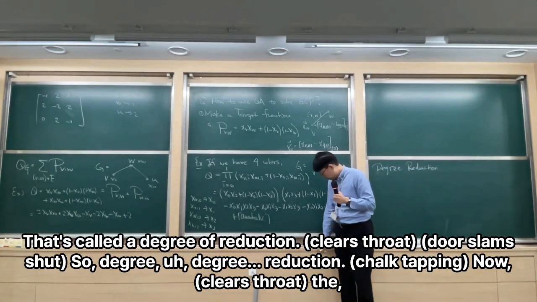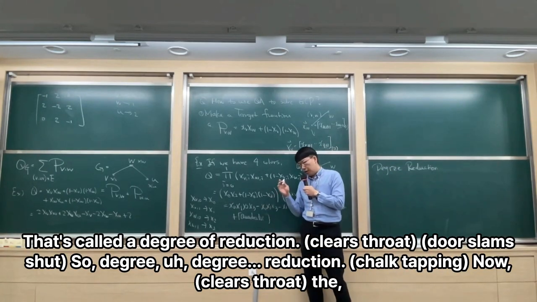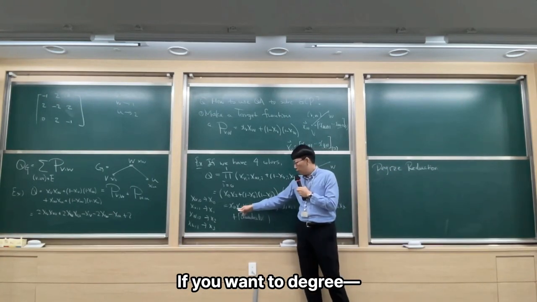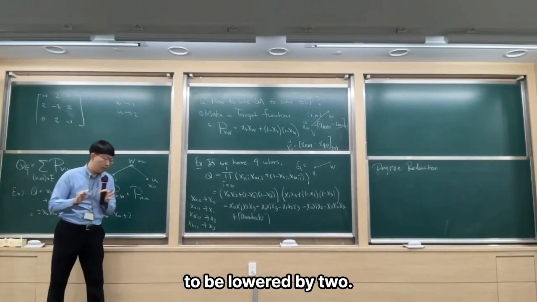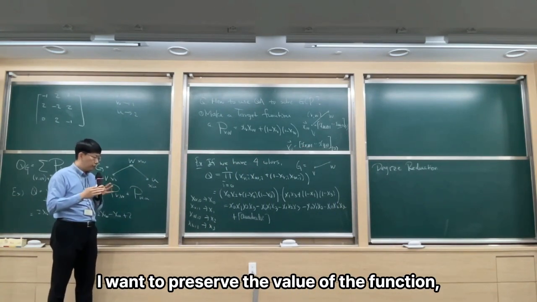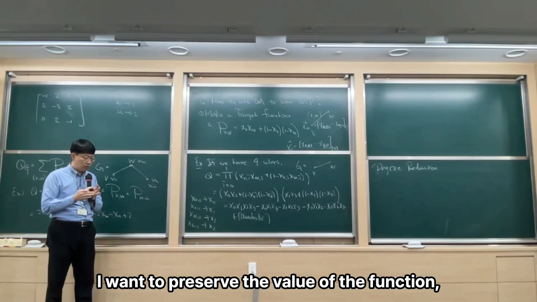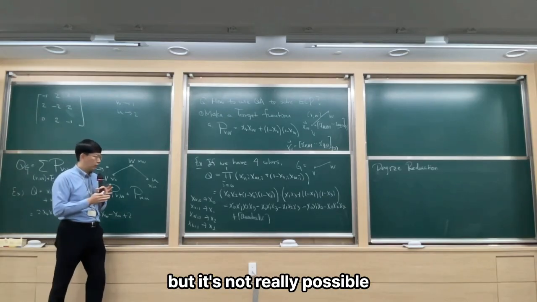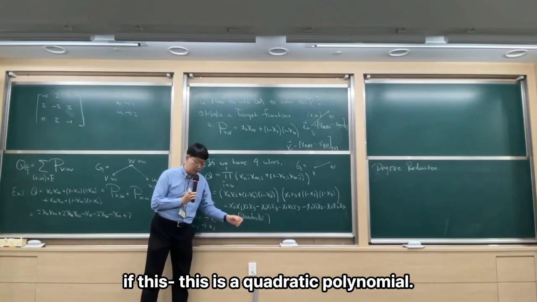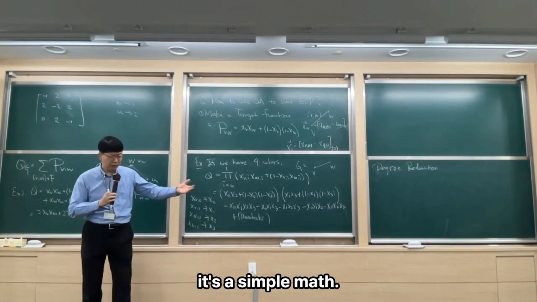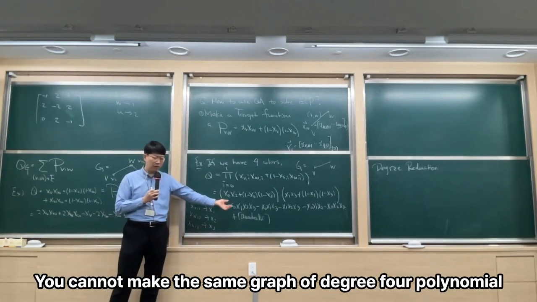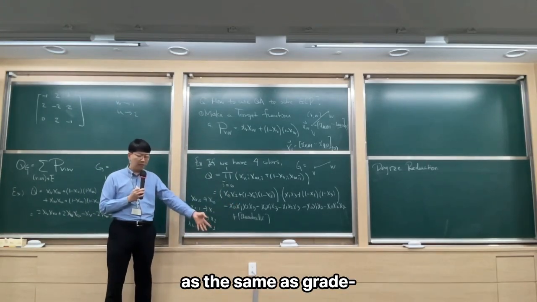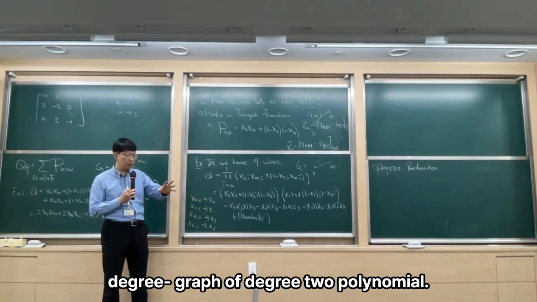Now, this is a simple idea. I don't want the degree to be just lowered to 2, I want to preserve the value of the function. But it's not really possible. You cannot make the graph of a degree 4 polynomial the same as the graph of a degree 2 polynomial.